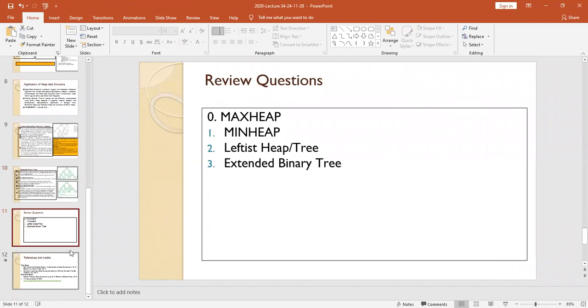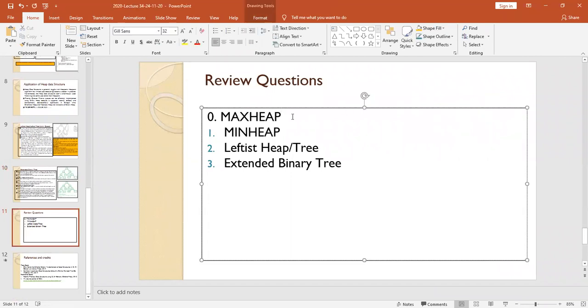Okay, so now we come to the review questions. What is the condition for a max heap? When you say max heap, anybody in the class? What will be the condition for max heap? Whether the parent is less than children or the parent is greater than children?